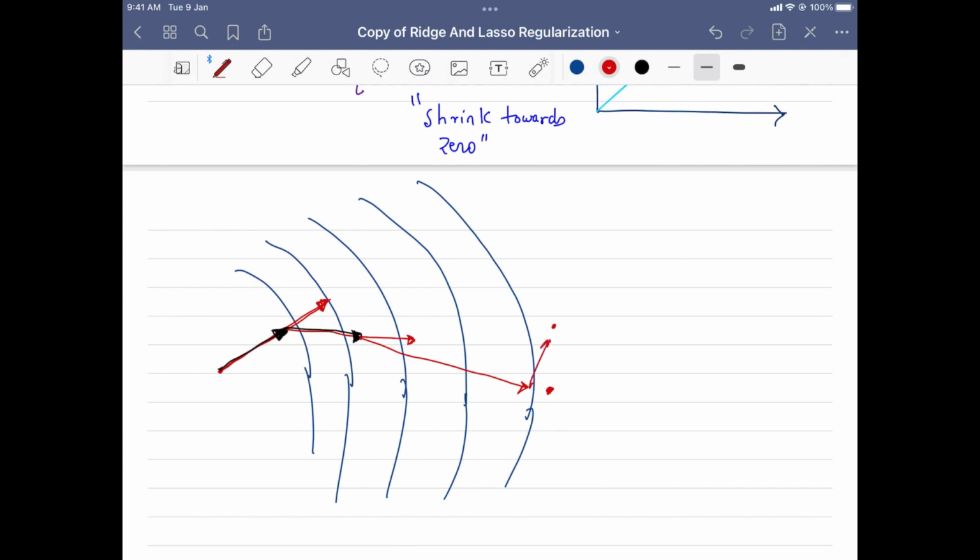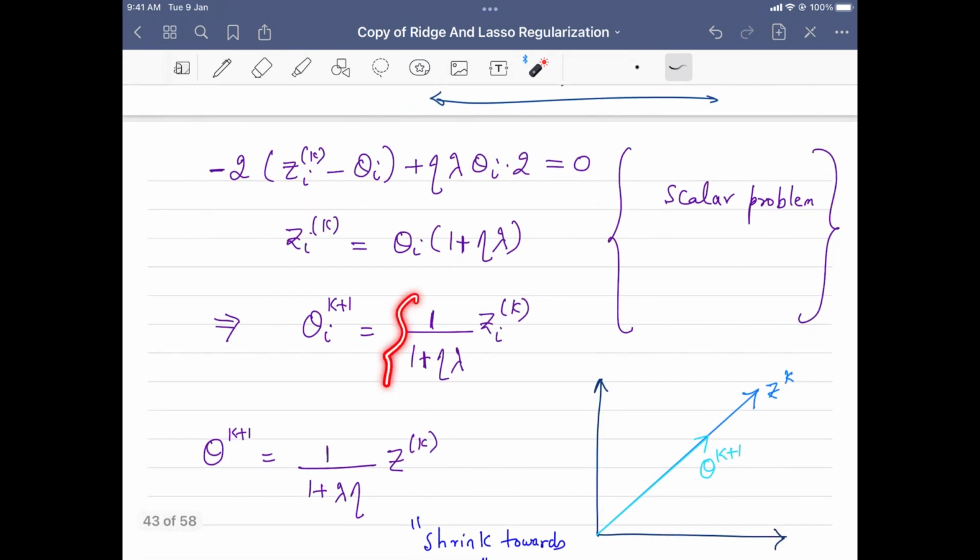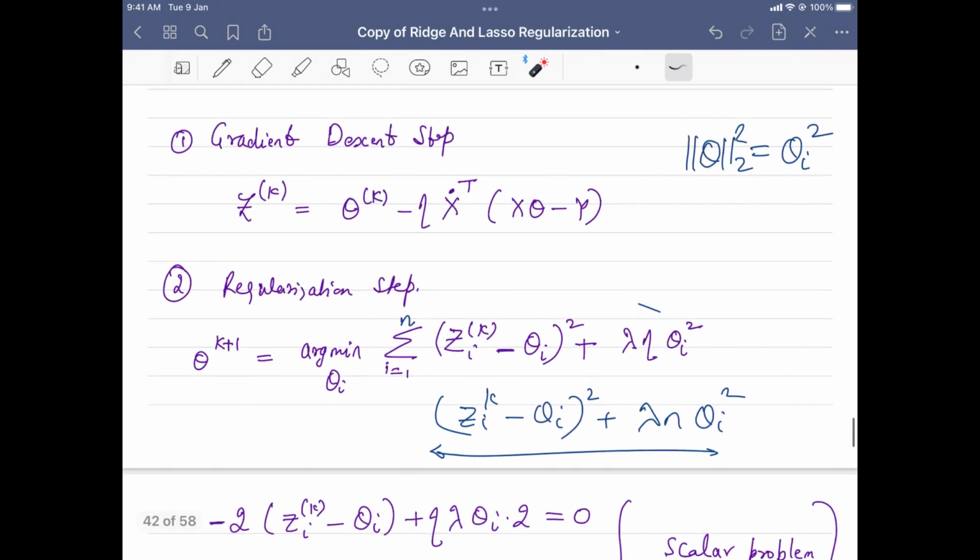So in each of these steps, first it's zk, then this vector becomes small and becomes theta k, and then again you go for another step of zk, then again project it to theta k, and in this fashion you keep on going and you will hit the minima. So this is basically the concept of this factor 1 by lambda eta, which you are multiplying with the z component of the vector z, which you are obtaining through this gradient descent.